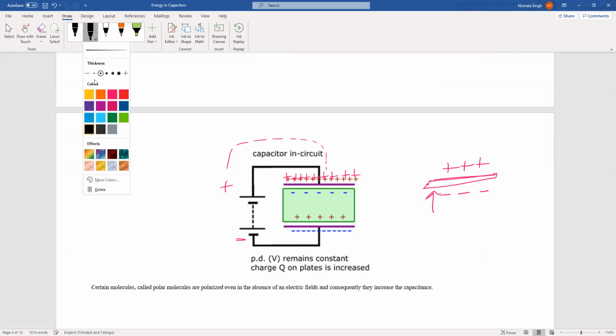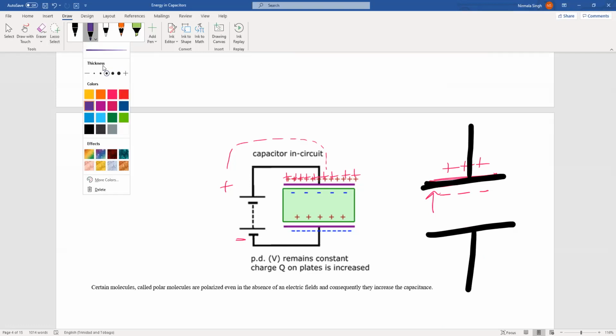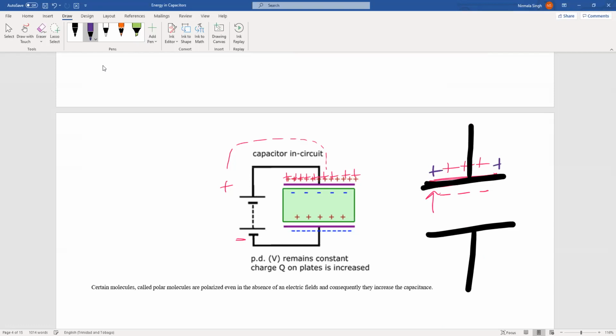Basic electrostatic application. If this is my plate, these are my plates, and this is my wire going in and out. If I have a positive pole, a positive section on my capacitor, my electrons or my negative charges or my negative sides of my molecules will want to be attracted towards my positive pole.